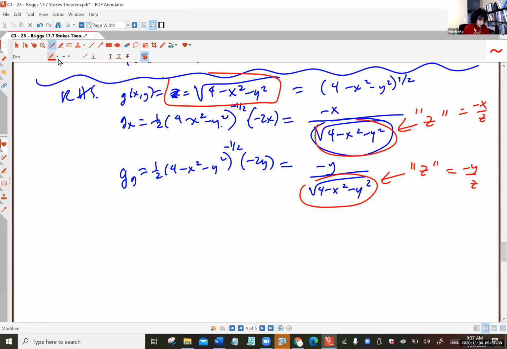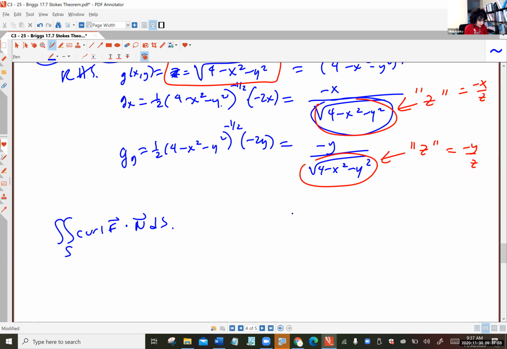Well, we're going to do this right-hand side, which says the circulation is going to be this surface integral. We're going to take the curl of the vector field and take the dot product with n dS. Okay, fine. But I have to go get the curl. So I have the n dS part. Why? Because when I get the n dS, it's negative gx, negative gy, positive 1 for an upward and outward orientation.